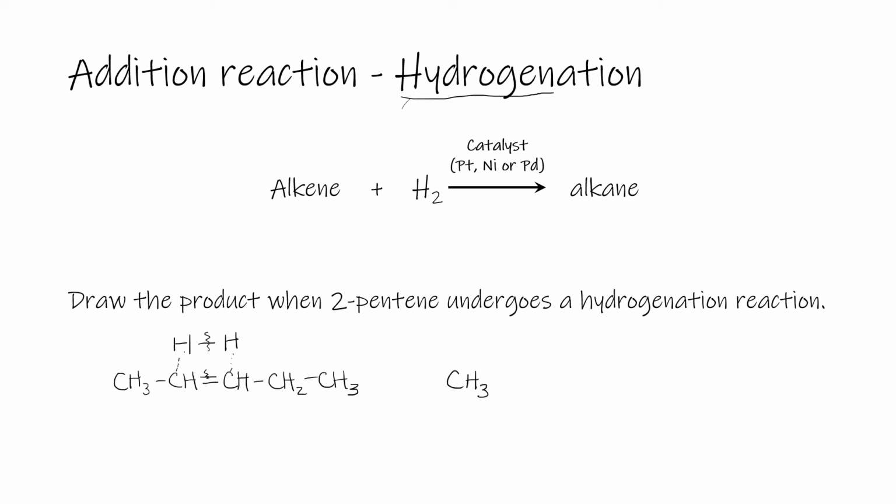You started out with 2-pentene, and we're going to end up with pentane. So now we have CH2, because I've added a hydrogen to that carbon, and a CH2, CH2, CH3. So when an alkene undergoes hydrogenation, you just get the alkane as the product.